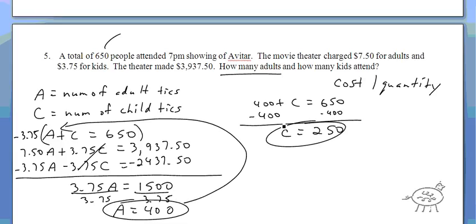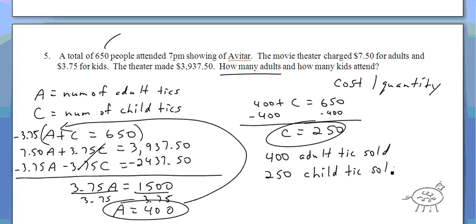Okay, so then your English answer is going to be 400 adult tickets sold and 250 kids or child, doesn't matter, child tickets sold. That's your answer. Okay, so these really are pretty easy problems. Again, you have to make sure you set up two equations and you're good to go.